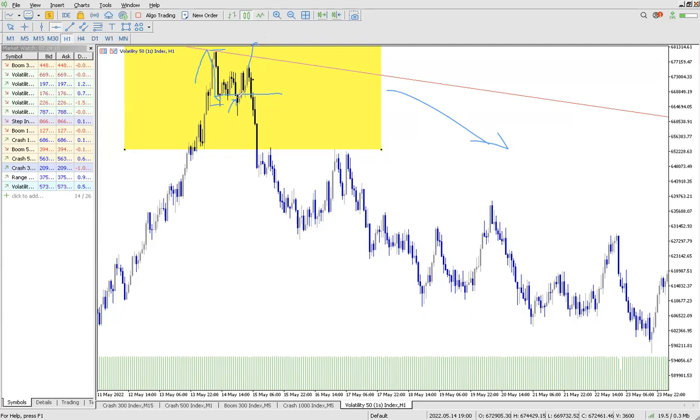But for now, I'm validating this break here, right? After validating this break, what do I need to do as a trader? I need to look for candlesticks that make sense. And the candlestick that made sense after this break and validation actually started here, meaning that I had to start taking my entries here.